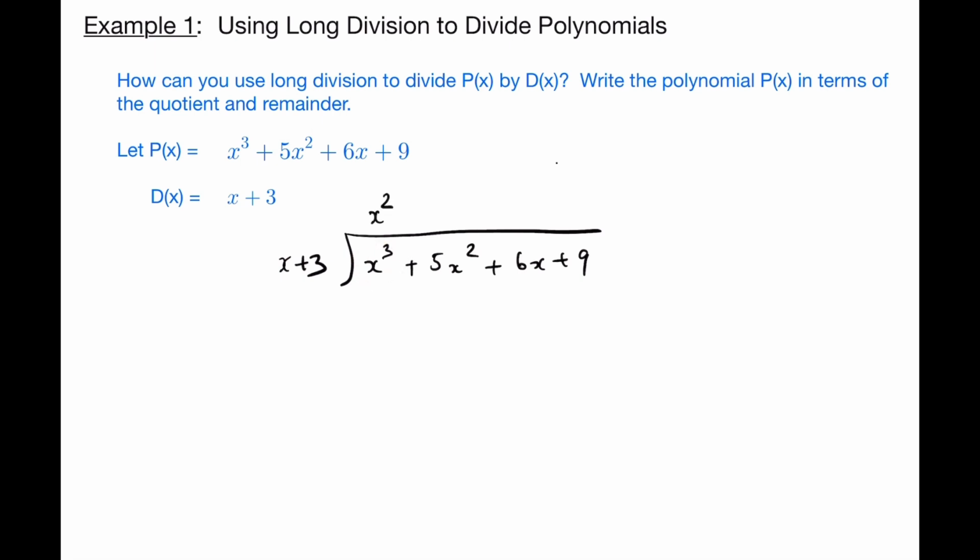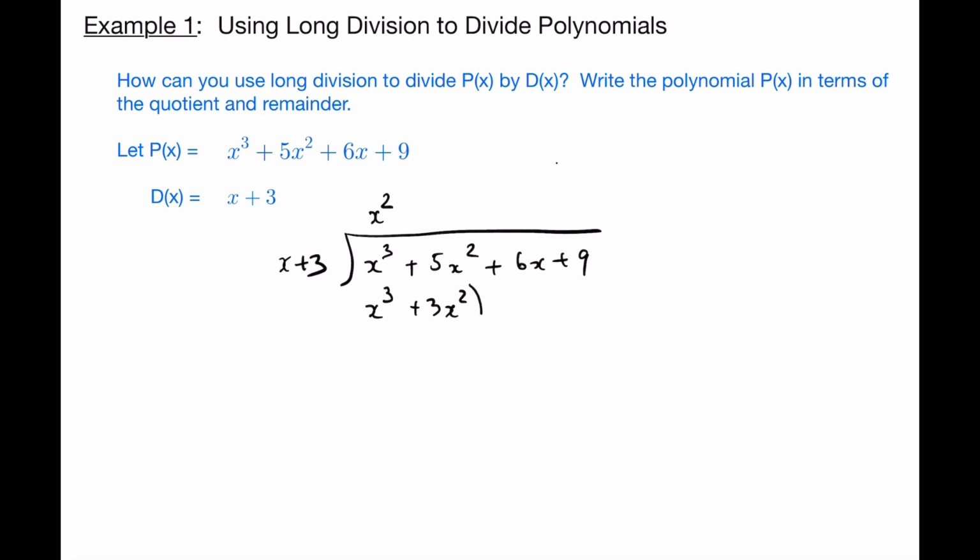Okay, so now that we have x squared, we're going to multiply x squared by x to get x cubed. And then we're going to multiply x squared by positive 3, and we're going to get positive 3x squared.